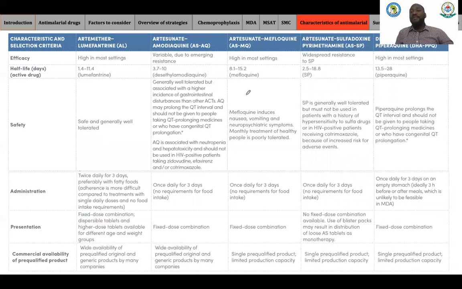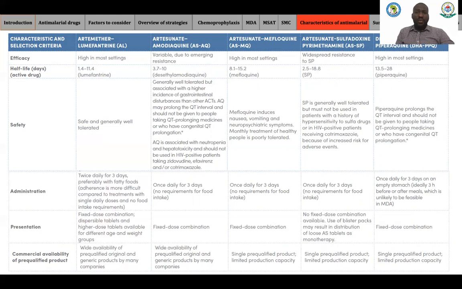And finally, we have dihydroartemisinin piperaquine, which has high efficacy in most settings, and has quite a long half-life of up to 28 days, which is also a preferable drug for longer protection. But then there's an issue of QT interval prolongation, which needs to be considered in safety.